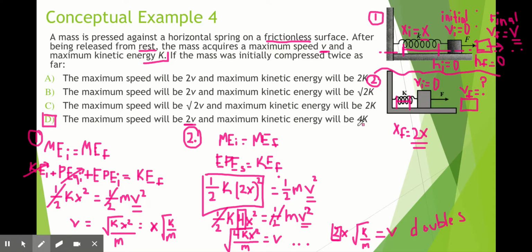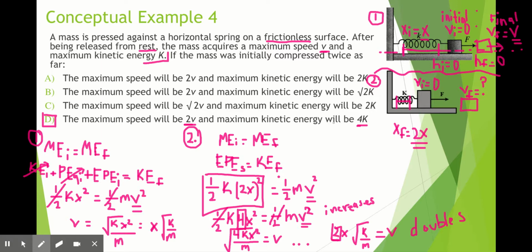But the kinetic energy is going to increase by a factor of 4, because compression distance is squared. So the entire kinetic energy will increase by a factor of 4, but the velocity itself is going to increase by a factor of 2, or double.